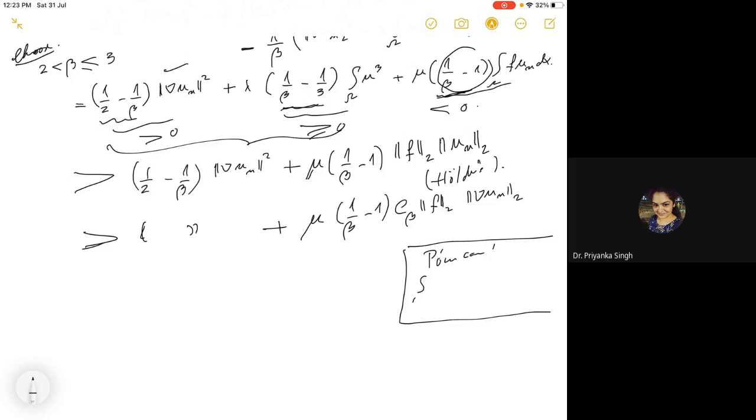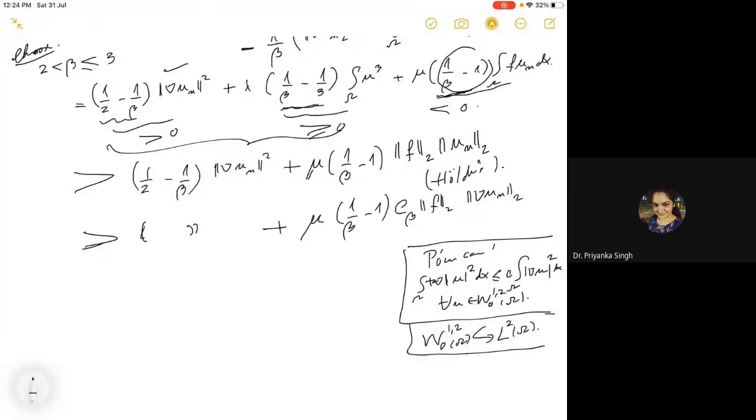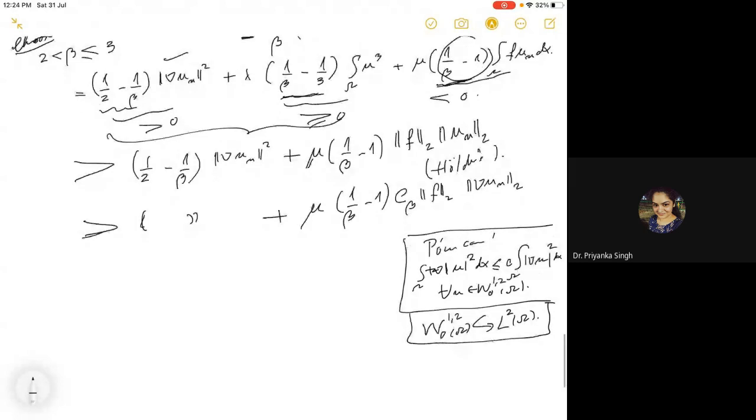It says that integral u square dx is less than or equal to c times integral grad u square for every u in W01 2 omega. So in other words, it says that the space W012 is continuously embedded in the space L2. I'll come to a brief introduction of embeddings, but let's first finish off this part.